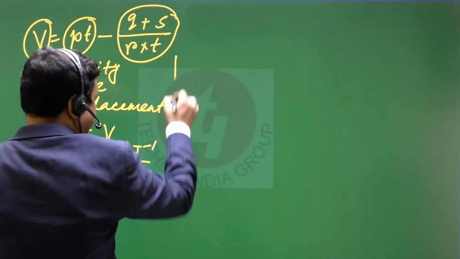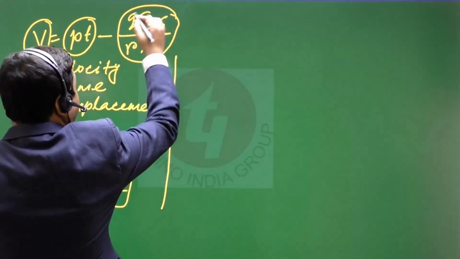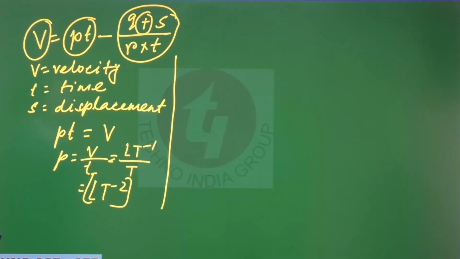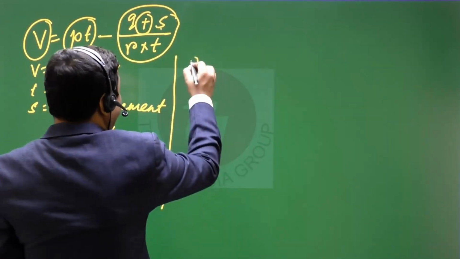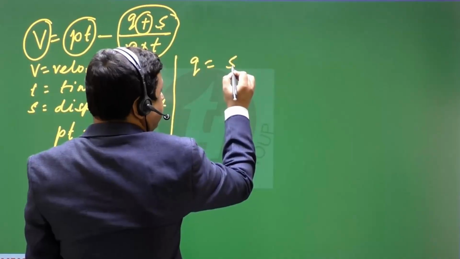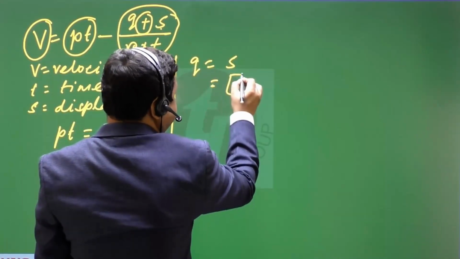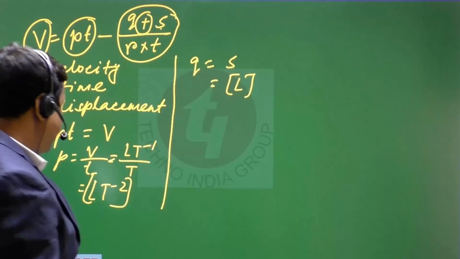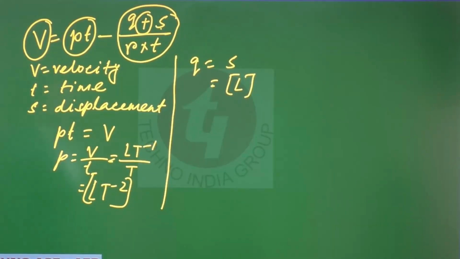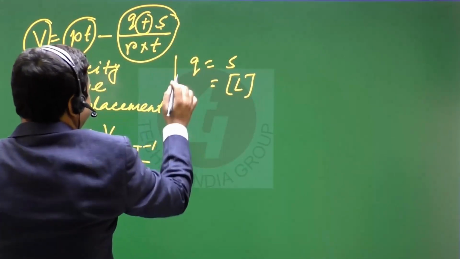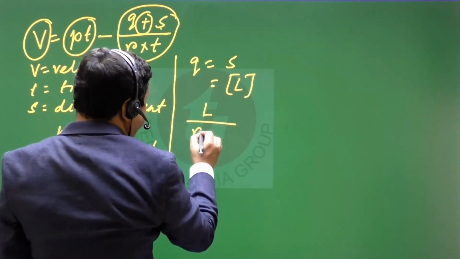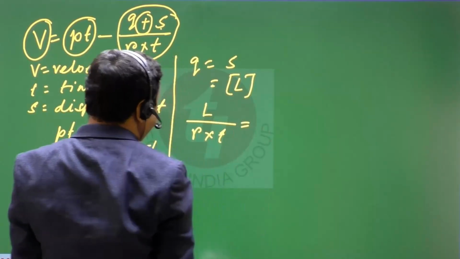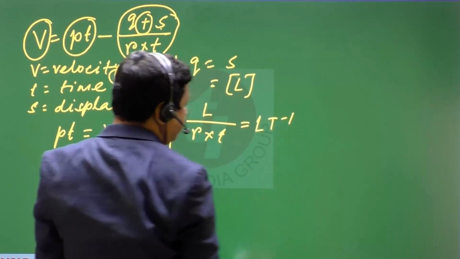Next, here Q plus S, the summation between Q and S. So dimensionally Q and S are the same. So the dimension of Q will be the same as the dimension of S. That means this is L, right? The dimension of Q will be L, and the dimension of the total, that is Q plus S, that is L, divided by R into T is the same as L T to the power minus 1, right?